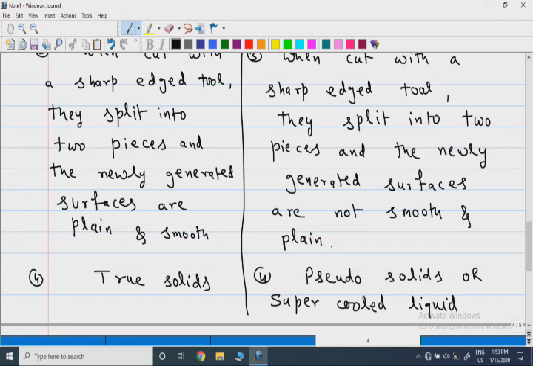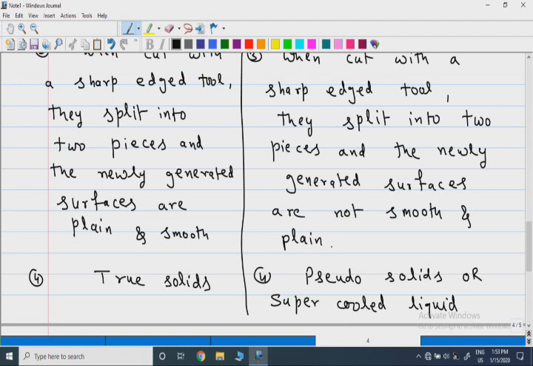They have rough surface when cut. Okay, good. Your answer is absolutely correct. Glass is actually a pseudo solid.